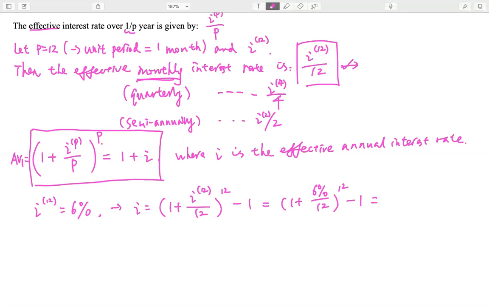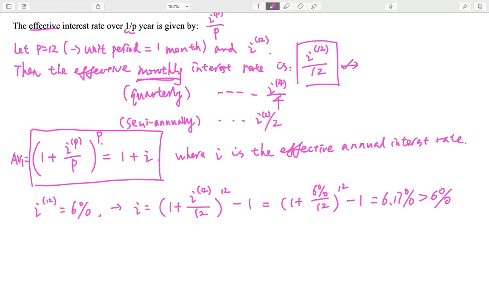If you have your calculator ready, you can do the computation. So it's 1.005 to the power of 12 minus 1, and then converting to a percentage, 6.17%.